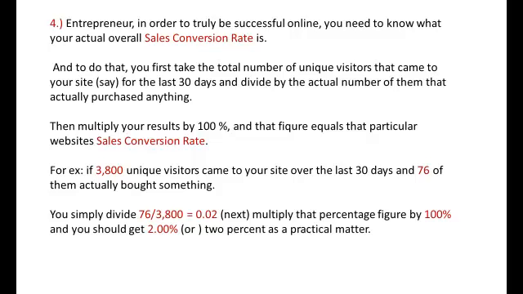It doesn't matter how much money they spent. What we're trying to do is find out what was the conversion rate based on the total gross number of exposures and the actual smaller number of people who actually bought something. So in this case, you're looking at 76 people out of 3,800. So divide 76 by 3,800 and you should get 0.02.